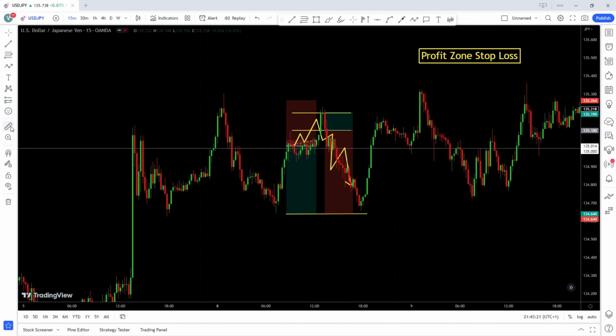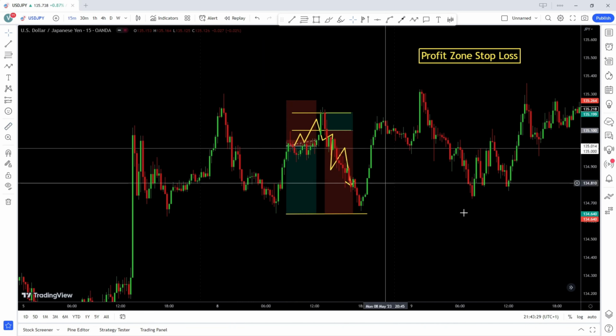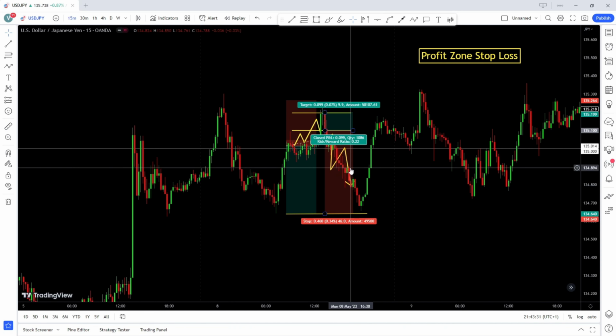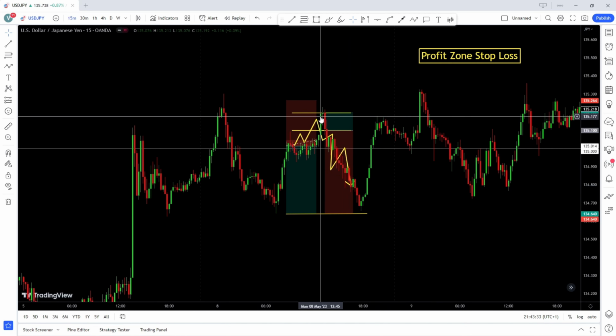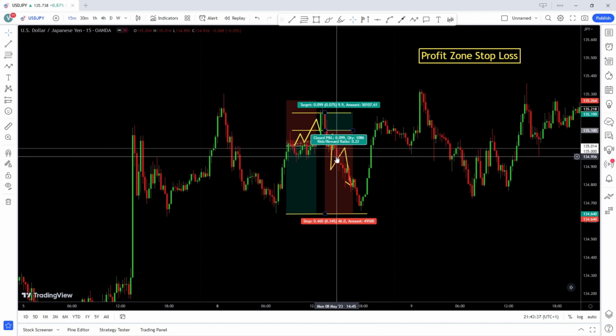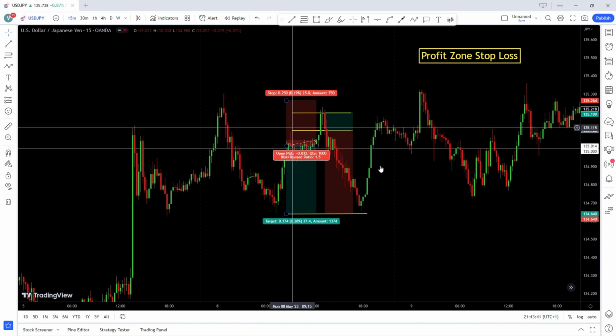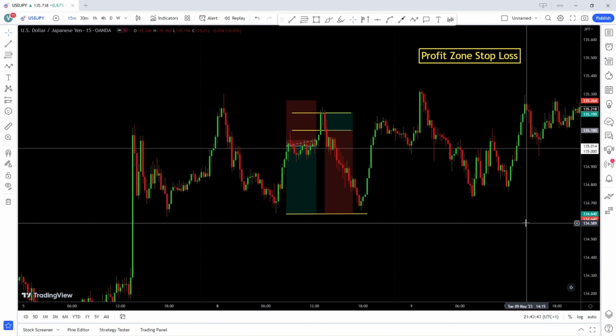We are only stuck in this loss from here up to here, which is basically 8 or 9 pips. So in that scenario, if it hasn't tapped the take profit of the buy and it starts coming to your entry, then you can just close out both trades quickly and you'll only take a small loss.